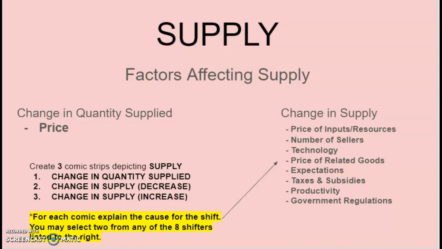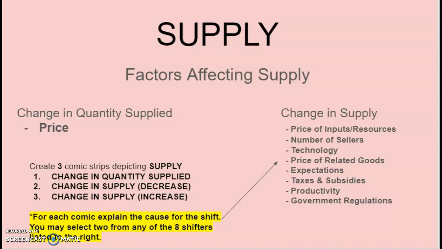Expectations on the future. Wow, super uncertain right now. But maybe we're going to bounce back super fast after this crazy demand shock and supply shock in the marketplace from the pandemic. Or maybe some businesses are going to be like, man, it's just too risky to start. So that's pretty unknown right now. Tax is a cost. If it goes up, supply decreases. If taxes go down, supply increases, shifts to the right.